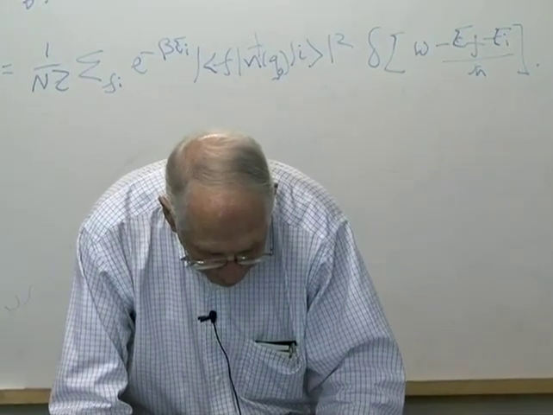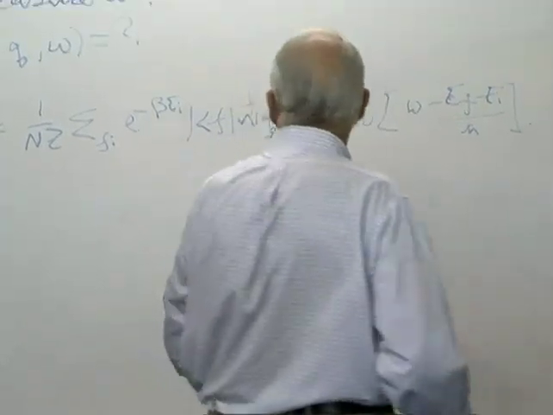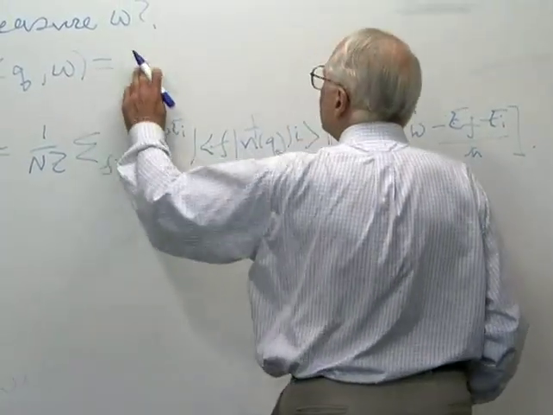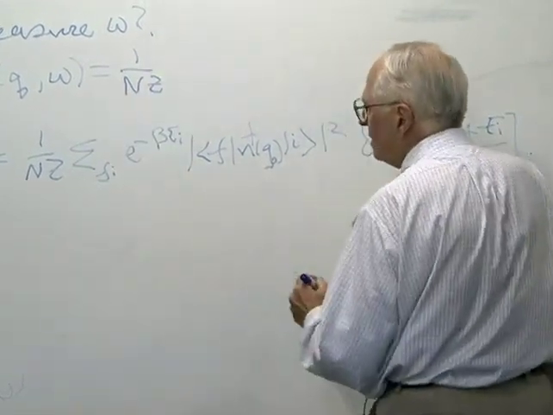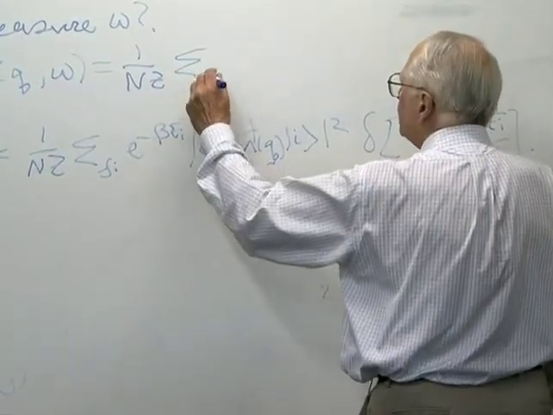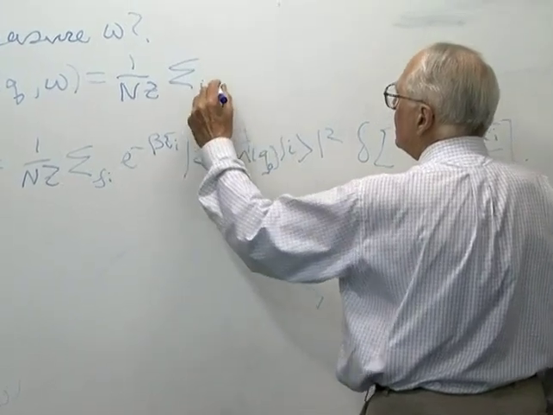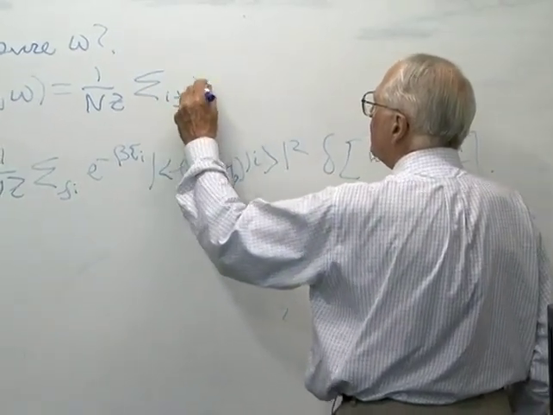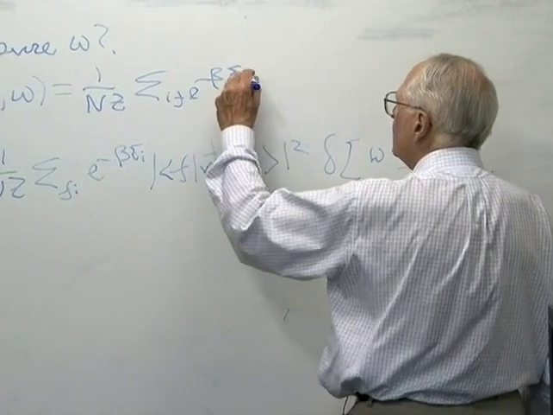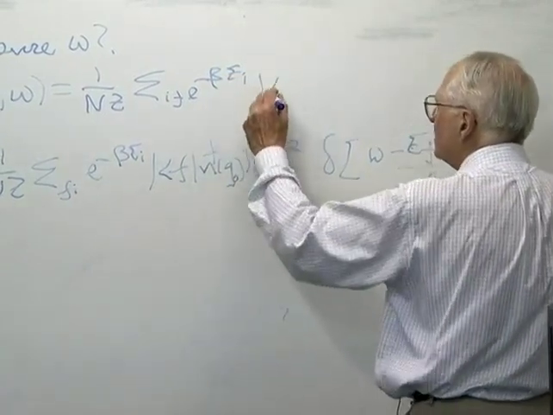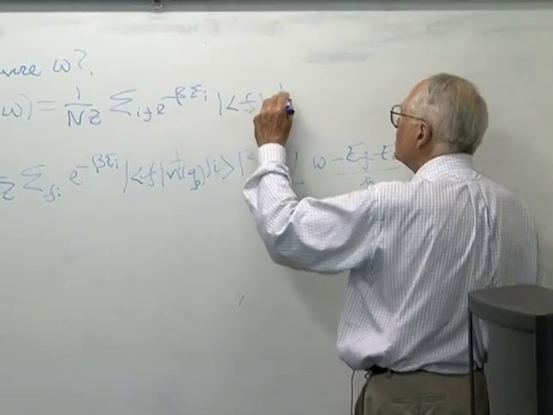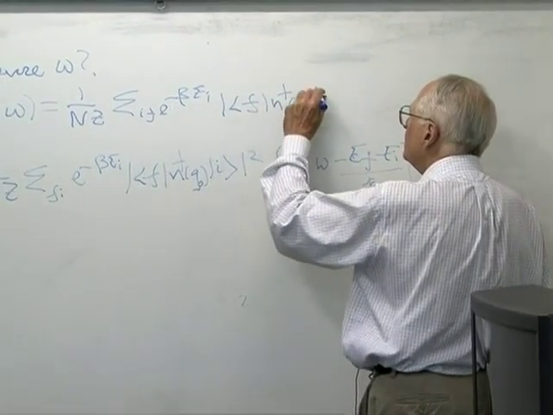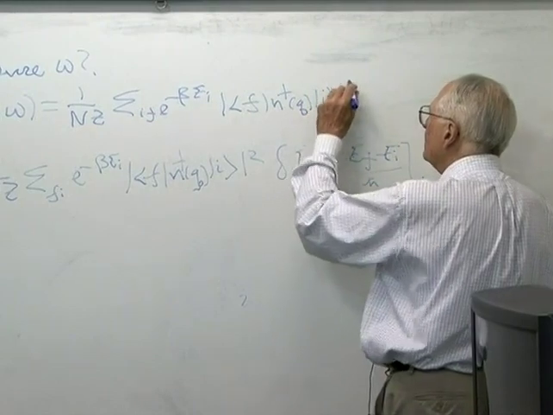So if we do this, we get 1 over nz, sum on i and f, e to the minus beta Ei, times the matrix elements, f n adjoint of q i squared.